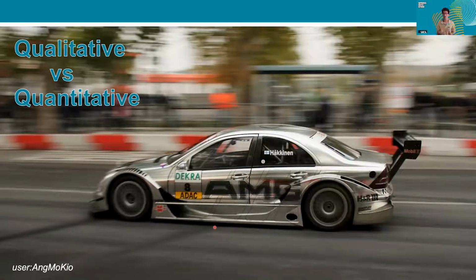Or even more complicated questions, such as, is it accelerating or decelerating at this point in time? Those questions become impossible to answer from a photograph alone. So it's a qualitative photograph in that you can tell whether or not it's stationary or moving, but you can't say anything quantitative about its motion.